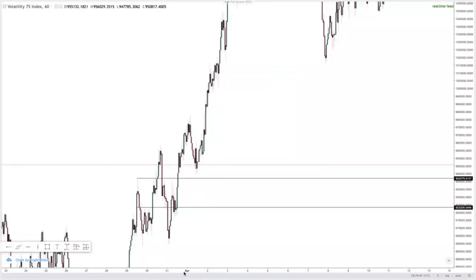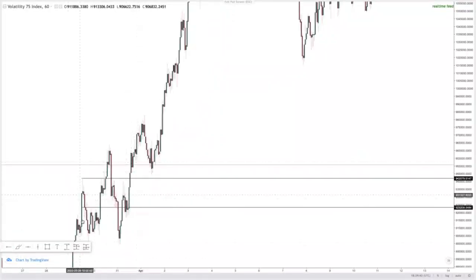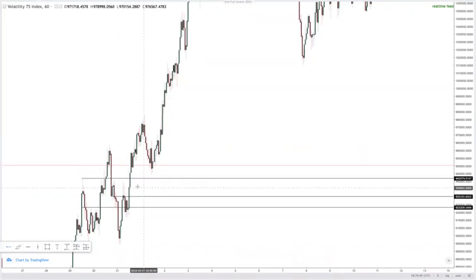In this time frame, we can see that we have an entry right here on this invalidation point. We have an invalidation point right here, and we have this break-in retest structure right here.